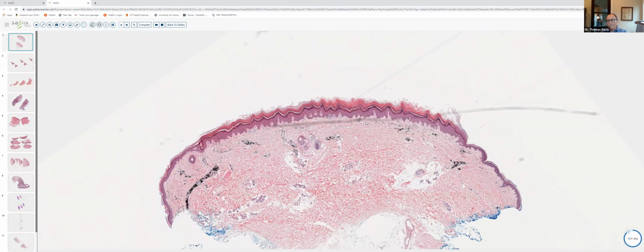Usually, if we see it in tissue, it's going to be in the setting of a hypertrophic scar or keloid. Occasionally, you can see it in lesions of AA, alopecia areata, kind of down deep. And rarely, it has to be a situation where someone's getting repeated steroid injections from time to time.